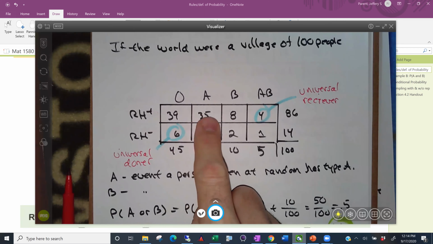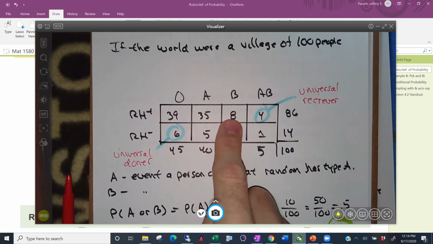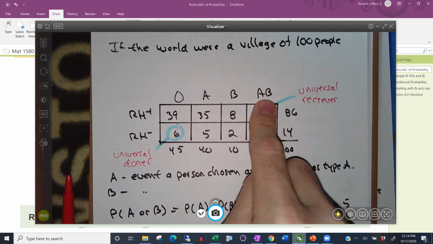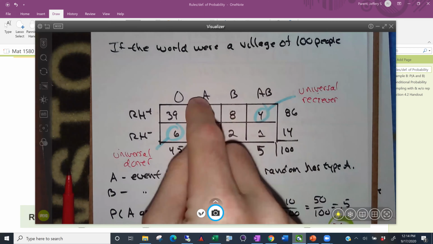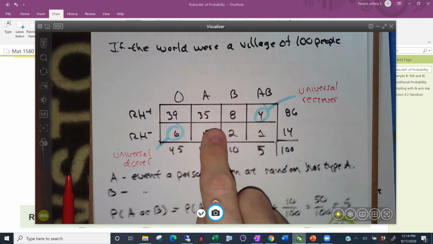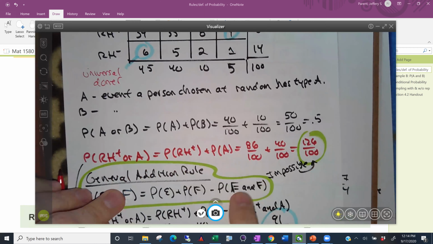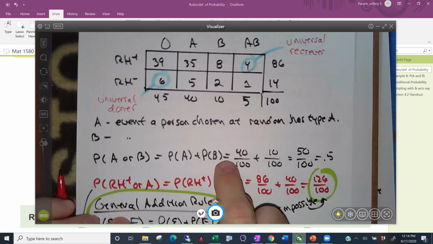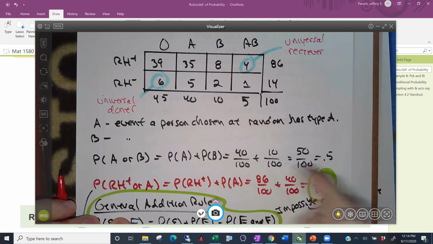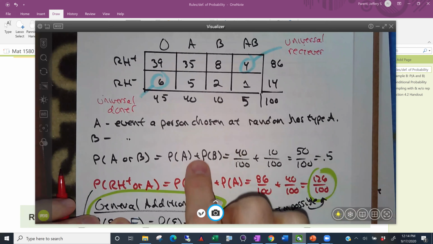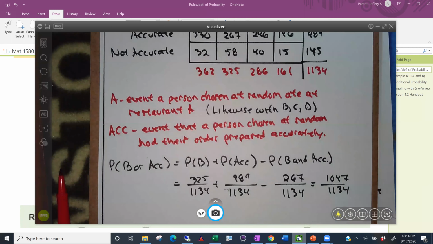There's no A and B. You might as well call that C or D or something like that. It's not A and B. It's just different. So there's no intersection here. So that term, probability of A and B, would be 0. That's why I didn't have to worry about it in our very first calculation.